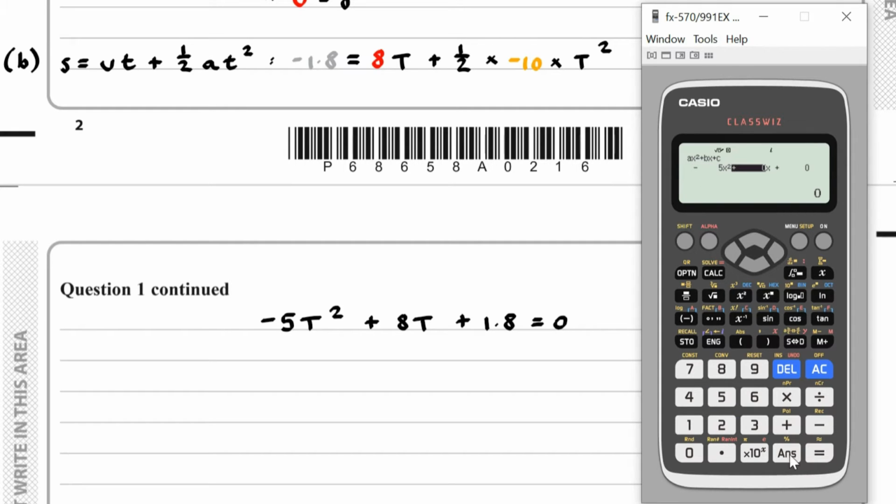We have minus 5t squared plus 8t plus 1.8. It turns out t equals 1.8 and t equals minus 0.2. And so therefore, the value of t, that's 1.8 only.